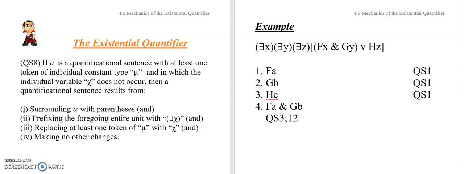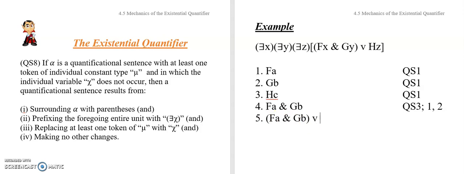Like that, and then we've got what? We've got to build up the disjunction, right? So we're going to get this guy, which is going to look like this, all in parentheses, and then we're going to do our disjunction adder, which is QS4, and that's going to be on lines 4 and 3.